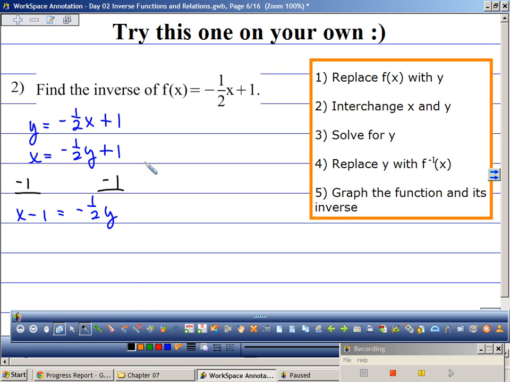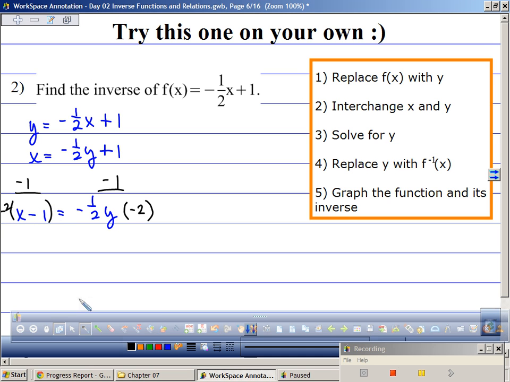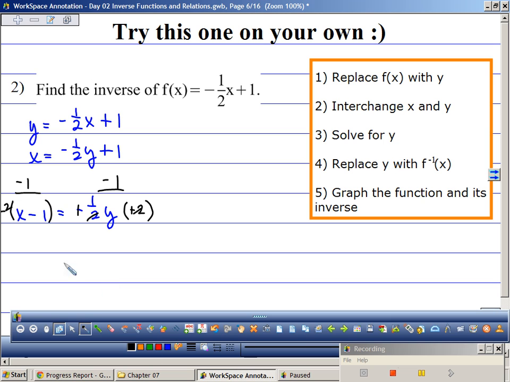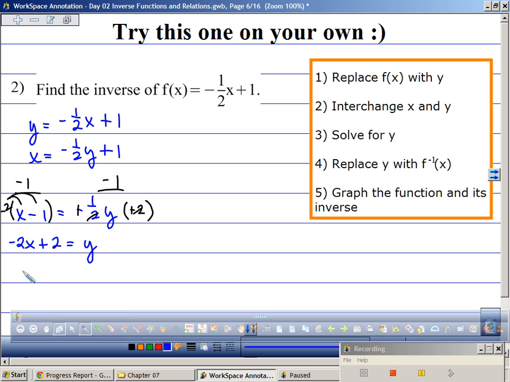How do I get y by itself? Divide or multiply by negative 2. Multiply by a negative 2. So when I do that, these cancel, correct? I distribute, and I get negative 2x plus 2 equals y.